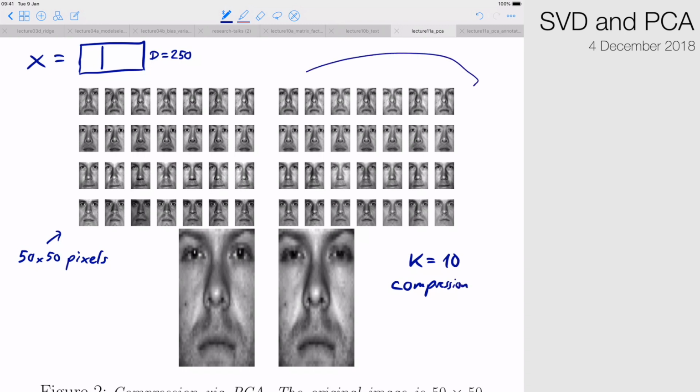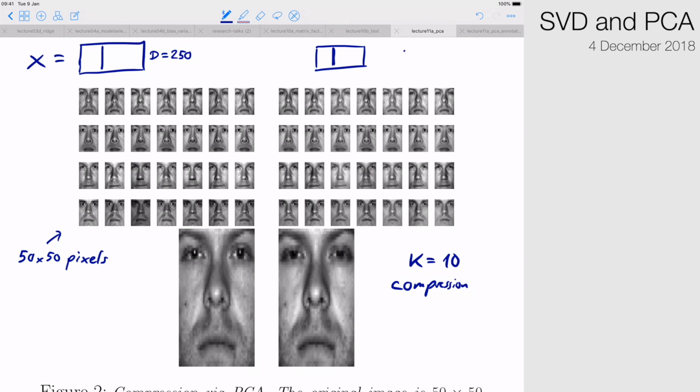And what you see in these images is not the compressed versions, but actually the reconstructed images. What has happened here is the reconstructed matrix, which is again in the image space, the pixel space.